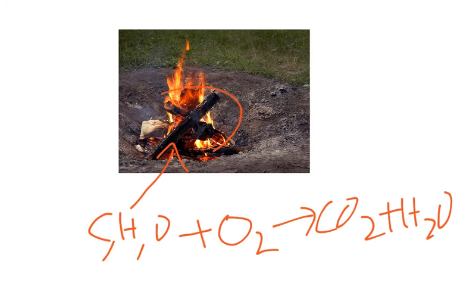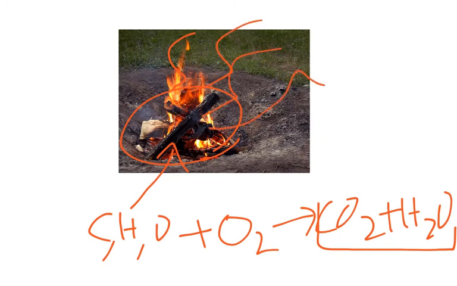So what you're seeing here is the combustion or burning of wood, which releases carbon dioxide and water, and in addition, it releases light energy, which is seen by the fire, because the fire that we see is simply a form of light, and also releases some heat, too.